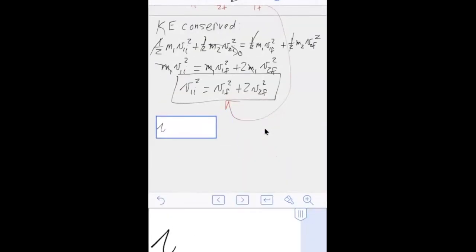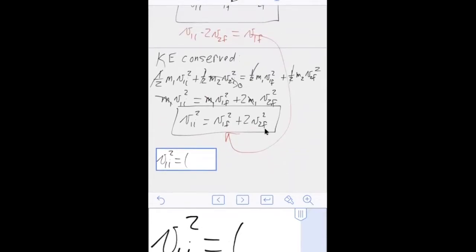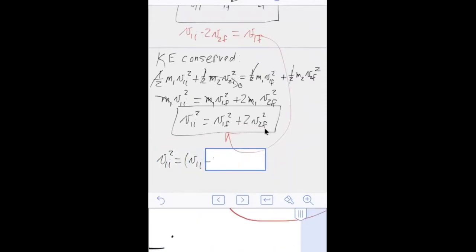When I do so, I'll have V1 initial squared is equal to, let me keep that on screen. There we go. So it's V1 final quantity squared. V1 final, I solved from the other equation as V1I minus 2 V2F, and that's quantity squared.